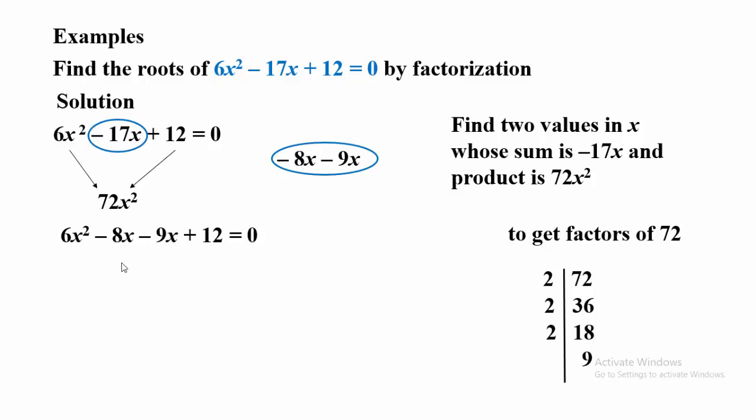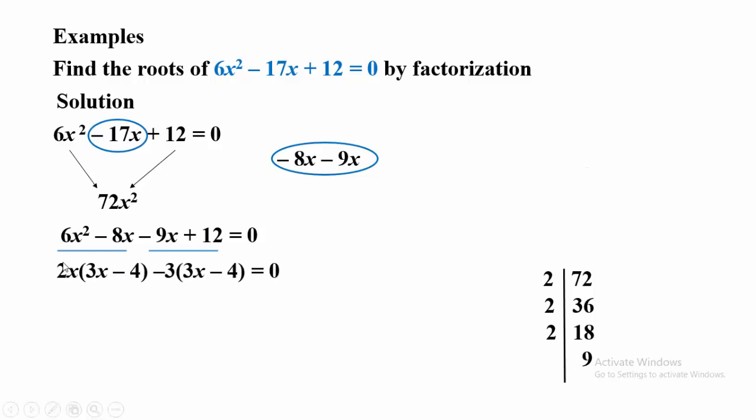We are having 4 terms. We now split them into 2, in which one part is 6x squared minus 8x, and the other part is minus 9x plus 12. 2x is the common term here. When you factor 2x out, we now have 2x open bracket 3x minus 4 close bracket. At this side, minus 3 is common.